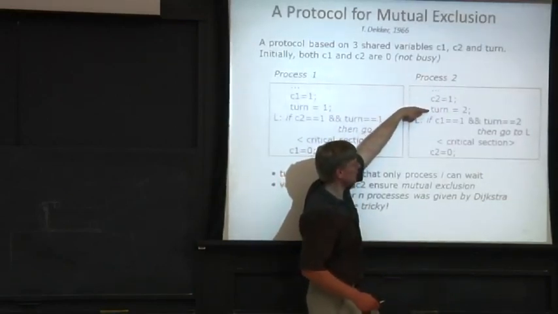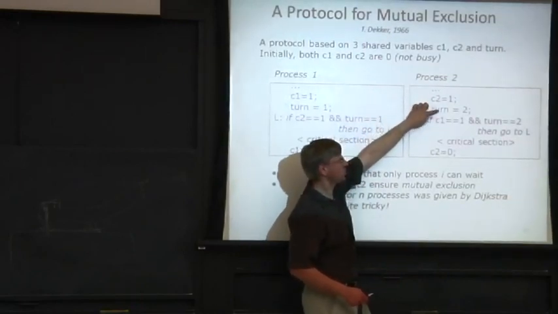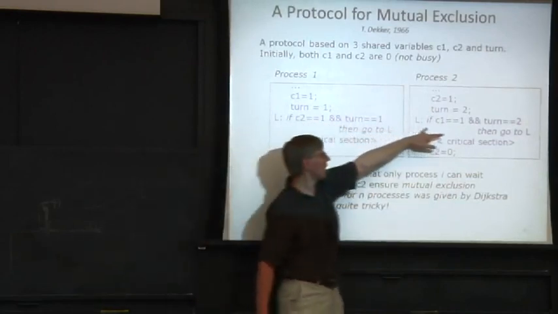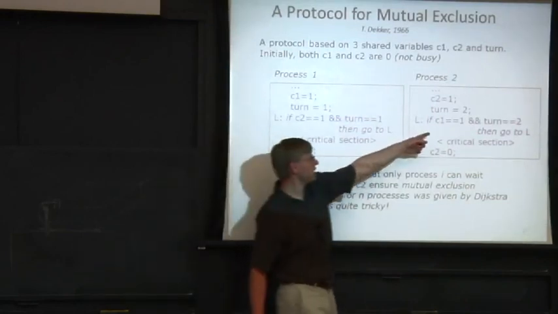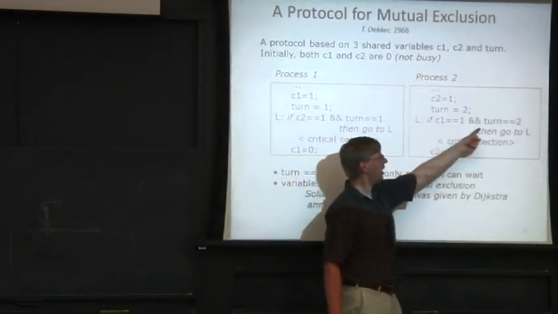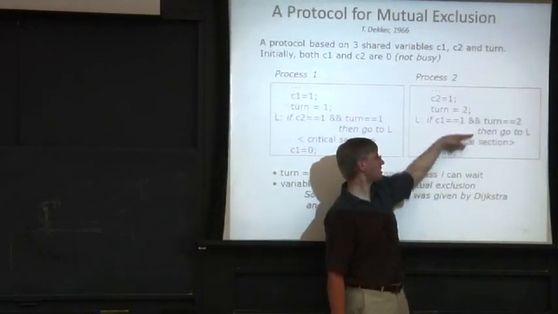Process 2 sets turn equals 2, which happens last. And when this goes to execute here, we'll see that C1 is set and turn is equal to 2. So we're just going to sit here and spin.